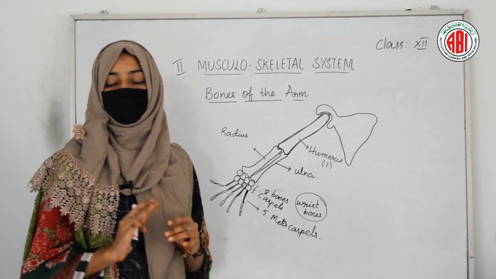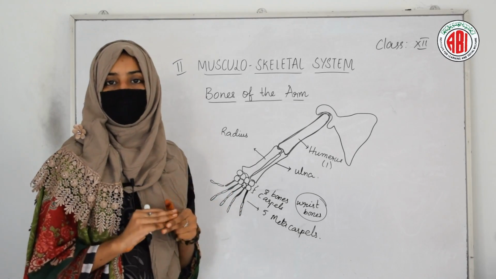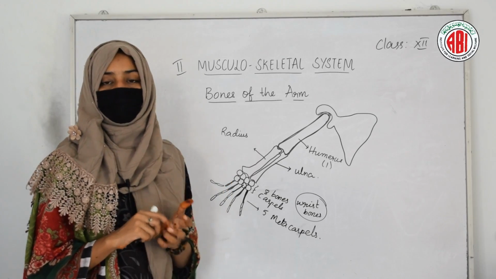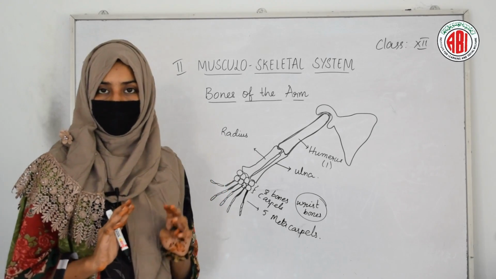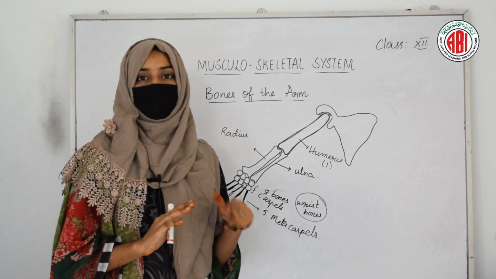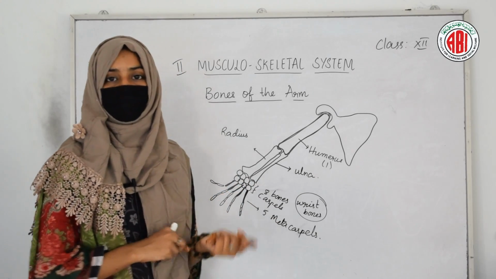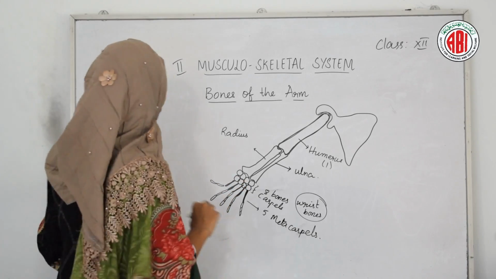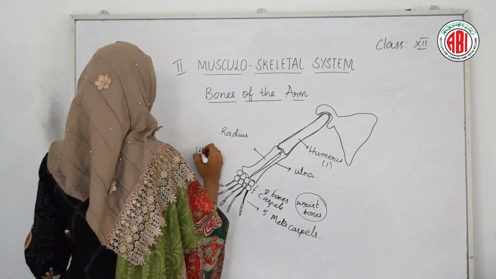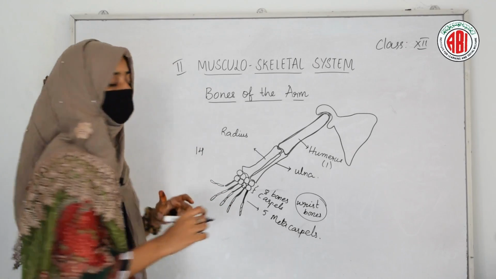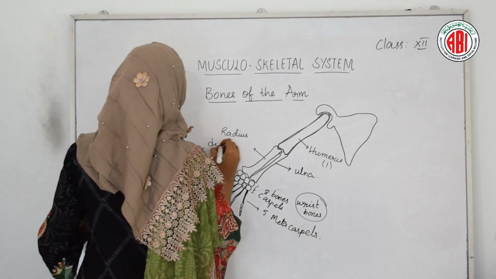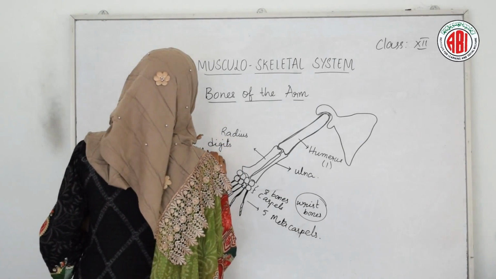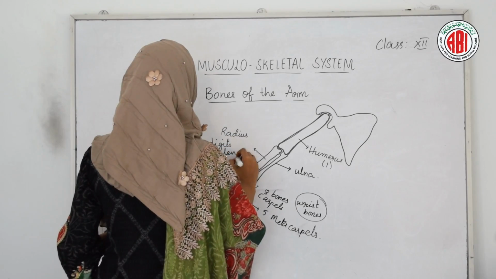A total of 14 bones are found in our thumb and fingers. We call our fingers and thumb digits. So 14 digits we can say, or they can also be named 14 phalanges.